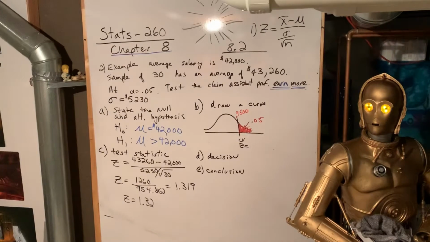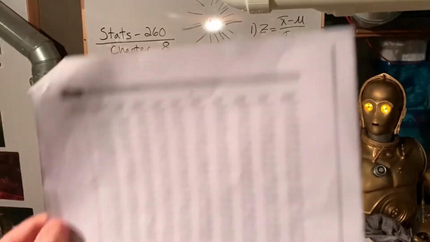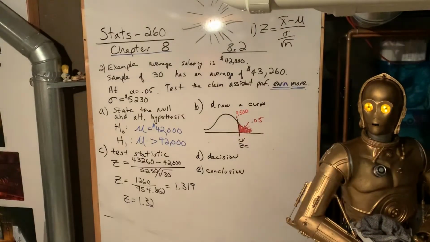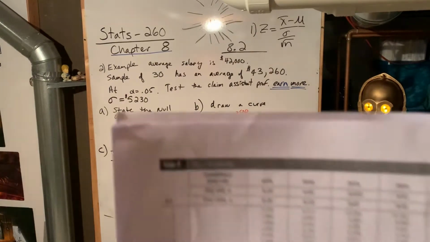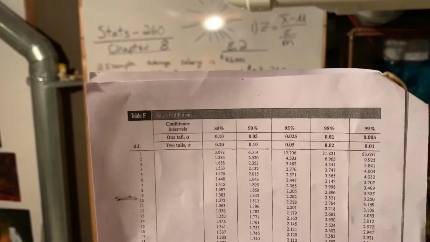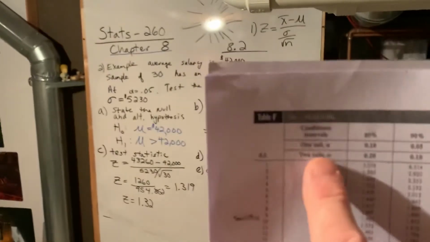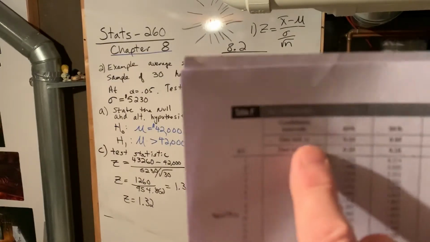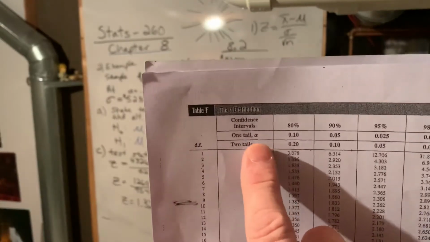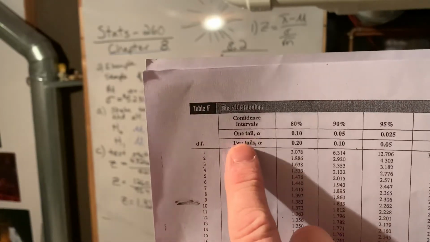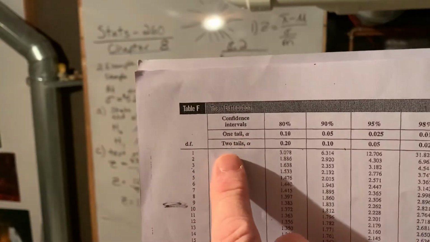All right. So look at your chart. We want table F. And we look on the side here. It says one-tailed theta or two-tailed theta.